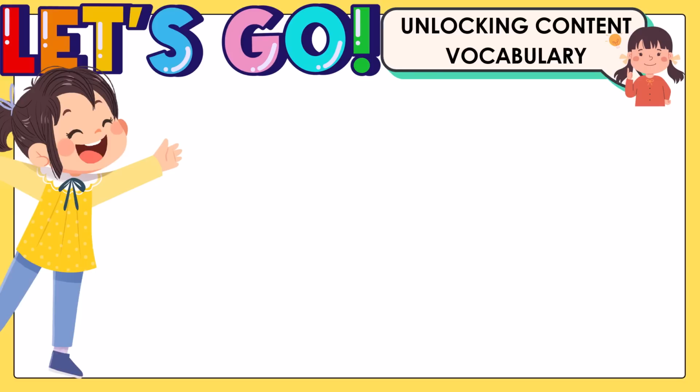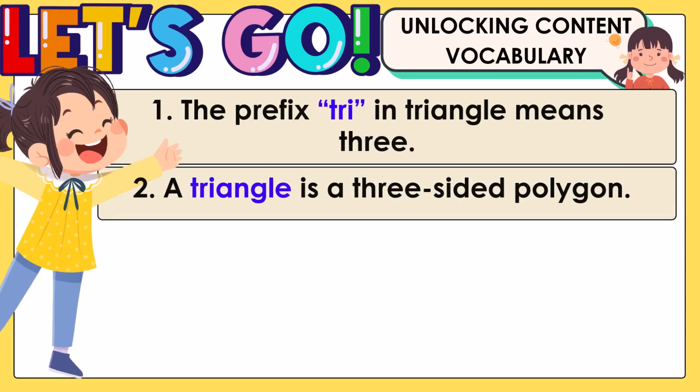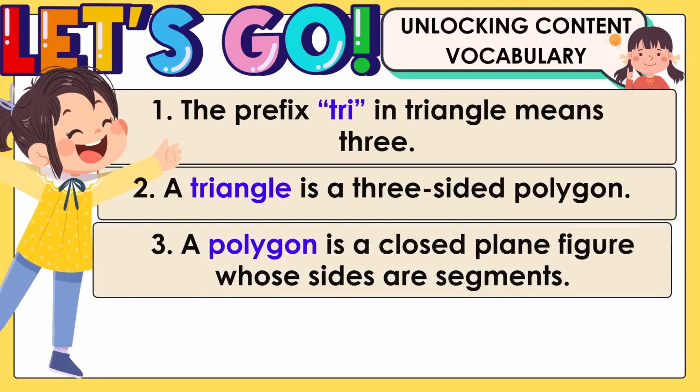Unlocking content vocabulary. Number 1, the prefix tri in triangle means 3. Number 2, a triangle is a 3-sided polygon. Number 3, a polygon is a closed plane figure whose sides are segments.